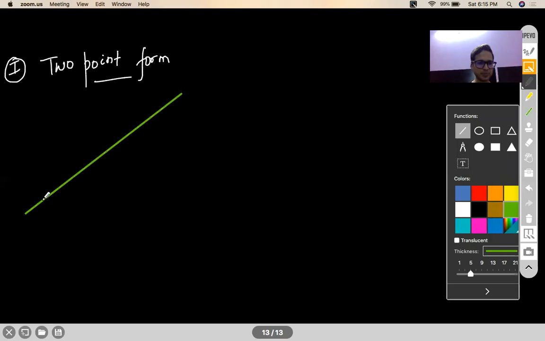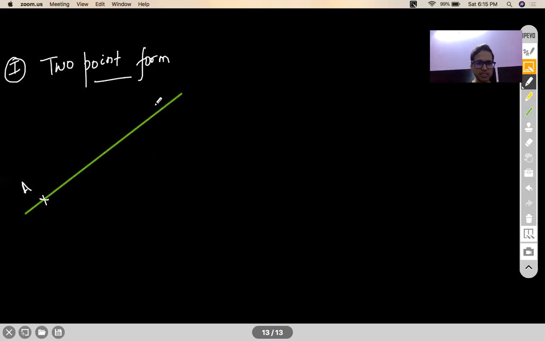So let's say A and B are 2 points. Now, what is the principle behind getting this equation? Now try to understand. Again, it is based on the locus concept. Okay, locus is going to help us.